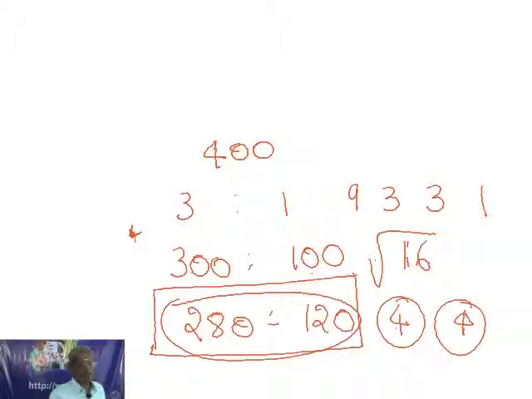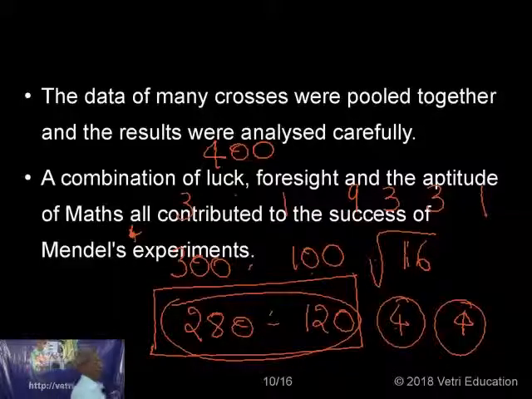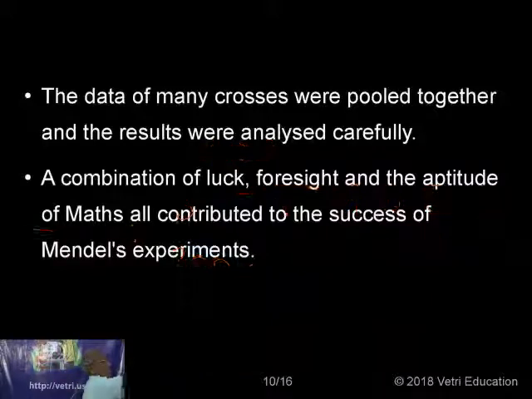It is to that conclusion he is coming, deriving it by a logical argument. This logical derivation is possible only for a mathematician, a pure mathematician. So, as I was telling you, his luck, foresightedness, his aptitude and his mathematics knowledge, all these things helped him to arrive at the correct conclusions.